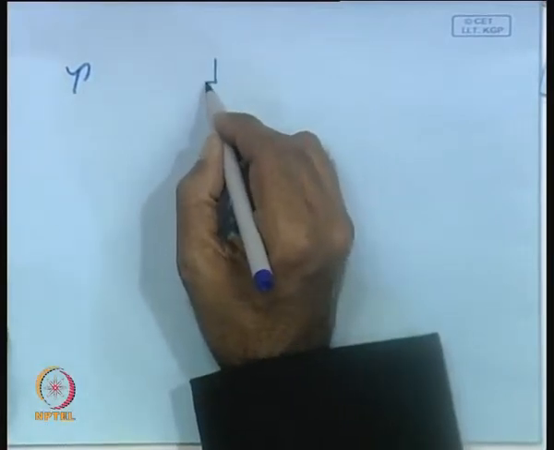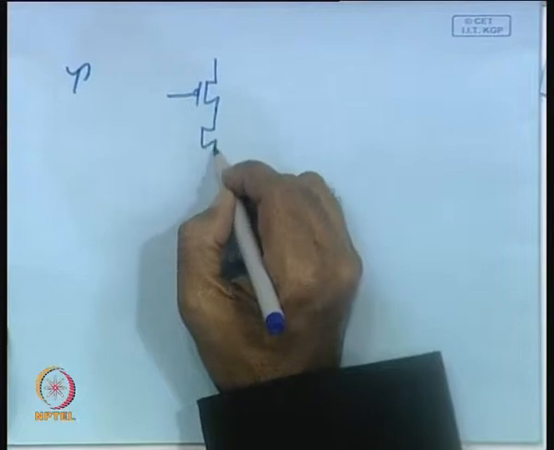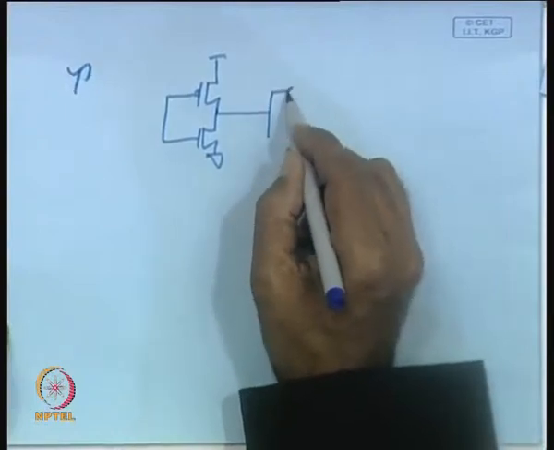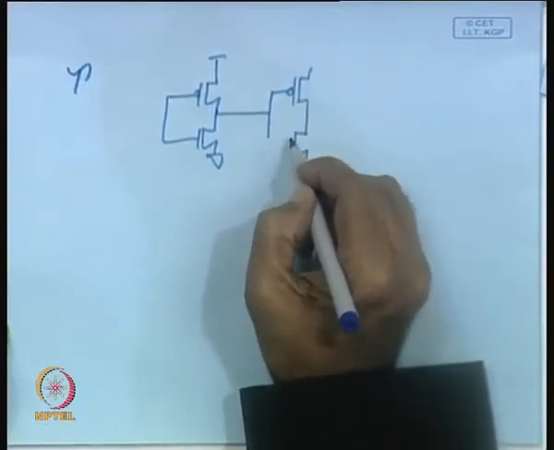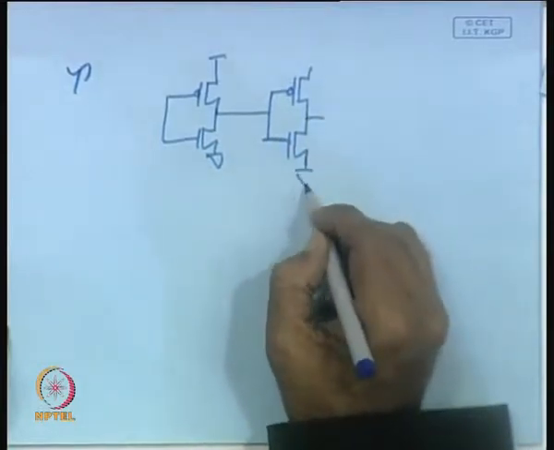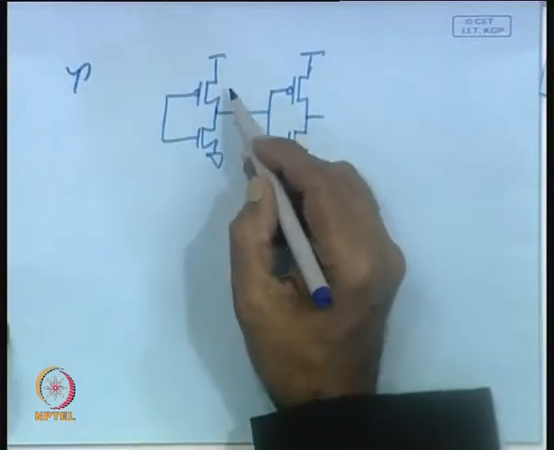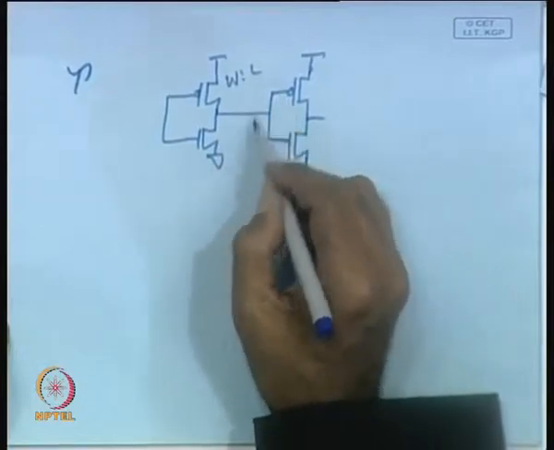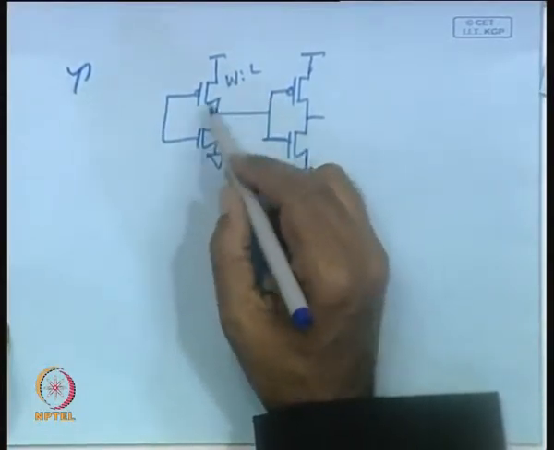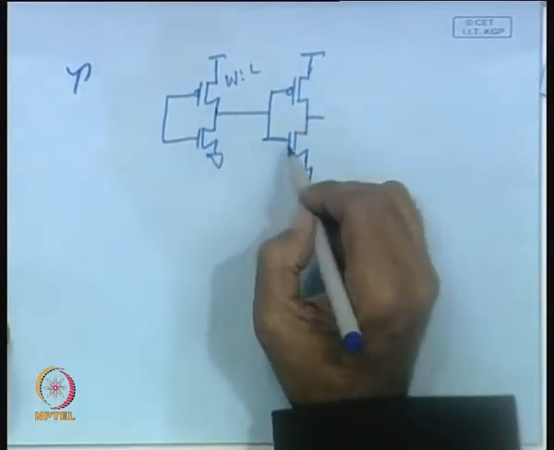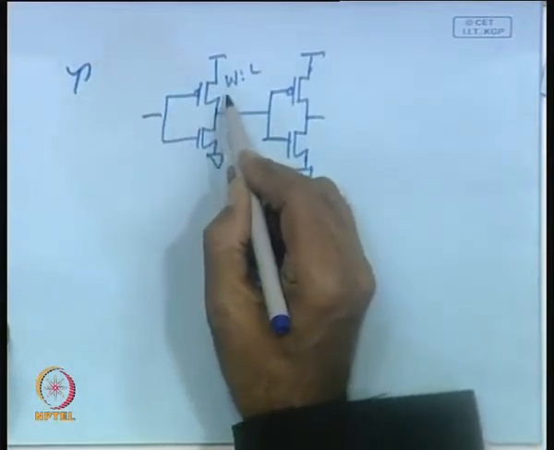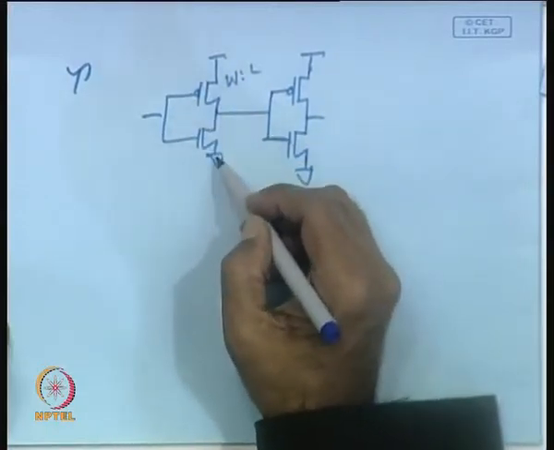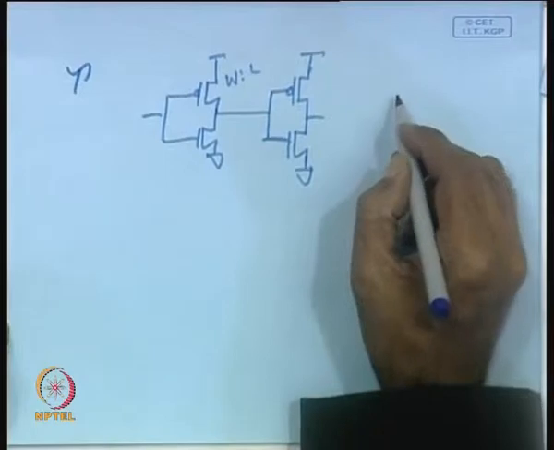Whenever you are driving an inverter of minimum dimension by another inverter of minimum dimension, you can see the resistance is decided by the W by L of this, and capacitance is also decided by the W by L. So, assuming that they are of minimum dimensions, then whatever is the delay for driving a gate of minimum dimension by another inverter of minimum size, we call it tau.